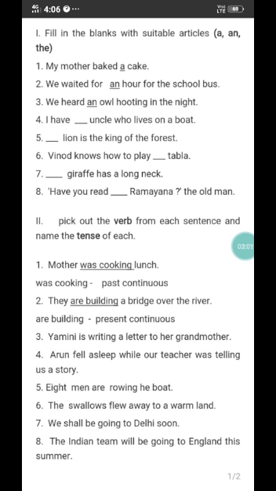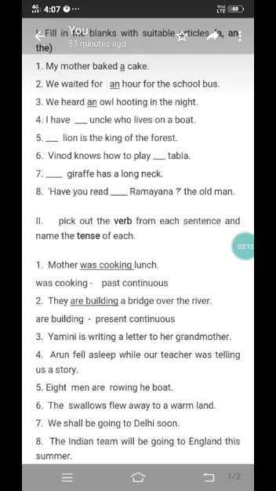Sixth one. Vinod knows how to play dash tabla. Here we have seen few rules for the usage of the.